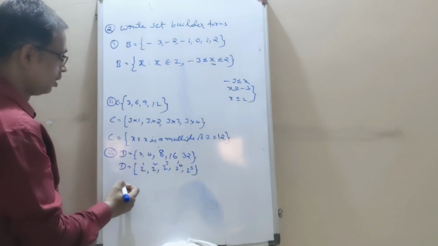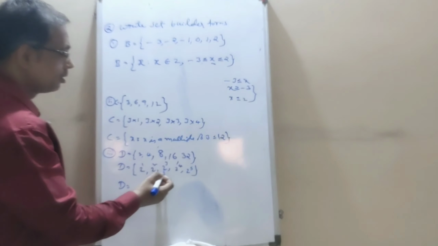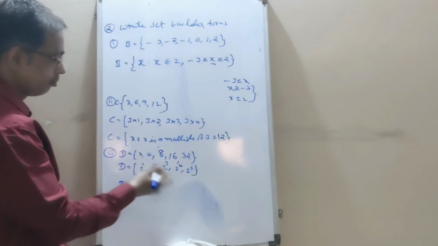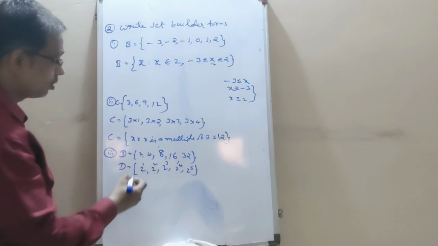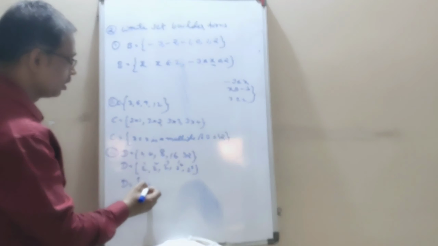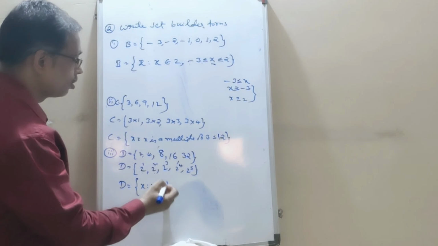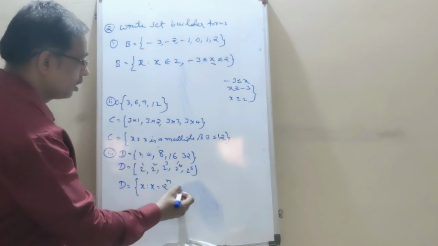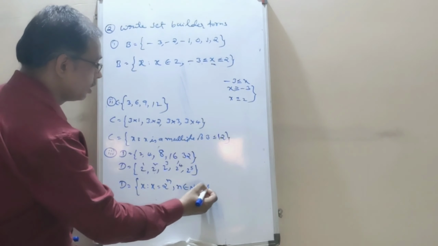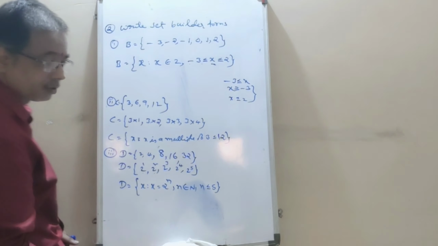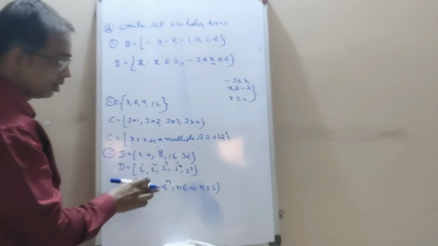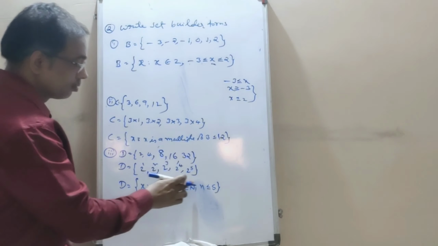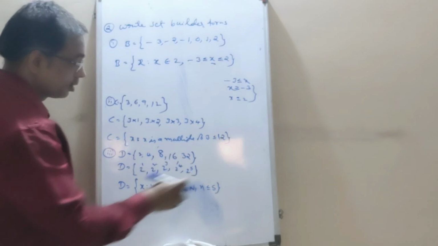The base is constant, and the exponent 1, 2, 3, 4, 5 is the changeable part. So we write x such that x is equal to 2 to the power n, where n belongs to the natural numbers and n is less than or equal to 5.